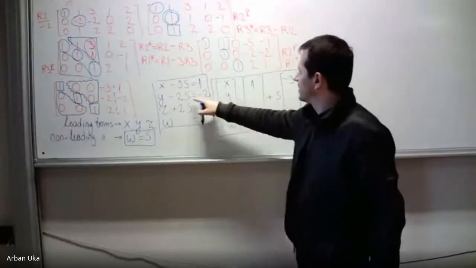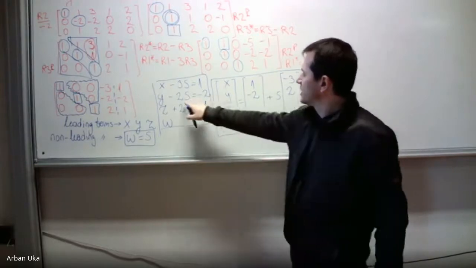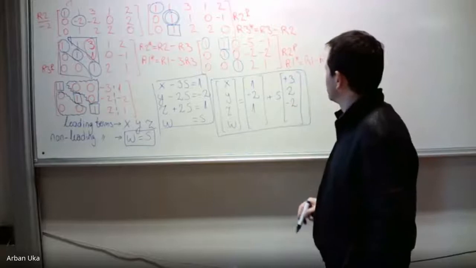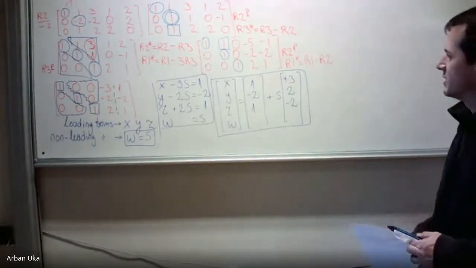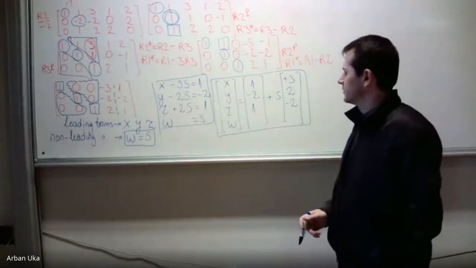What is y? 1 and 2, because we take this to the other side. Z is equal to 1, I think it should be plus 3. That's correct, it's plus 3. What about W? 0, 1. Yes, that's it.